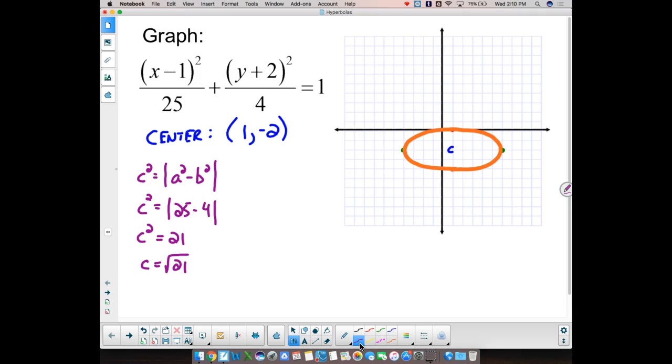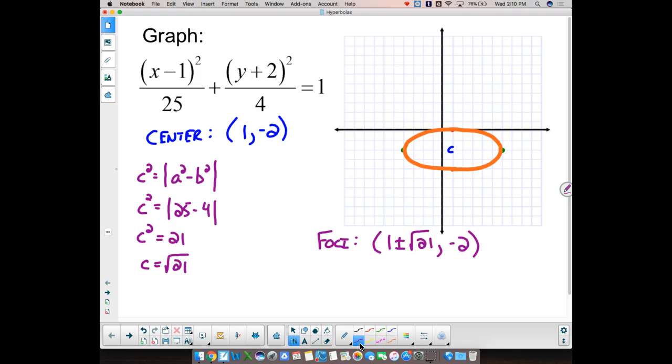But where the actual two foci are, they are going to be left and right because it's stretched out horizontally. They're going to be left and right from the center. So I am going to add and subtract the square root of 21 from the x part.